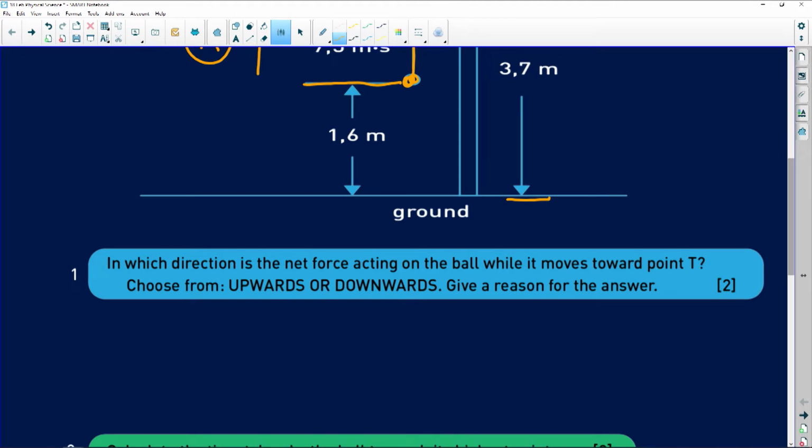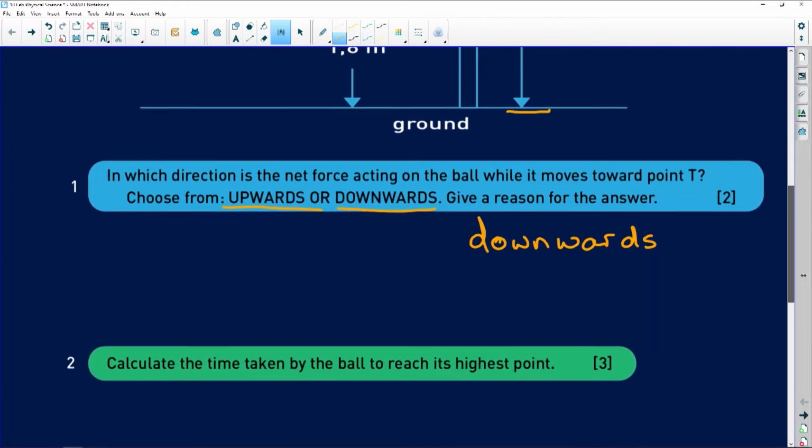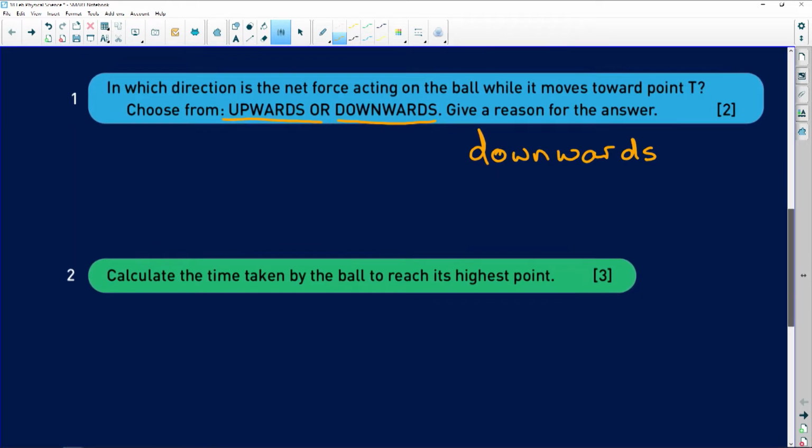And in which direction is it going to be acting? Upwards or downwards? Remember, it's always acting downwards. Force of gravity always acts in a downward direction. Doesn't matter if you're on a planet, on Earth, wherever, it will always be in a downward direction.